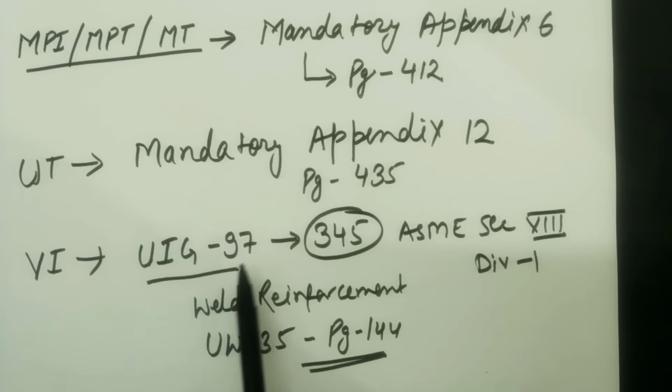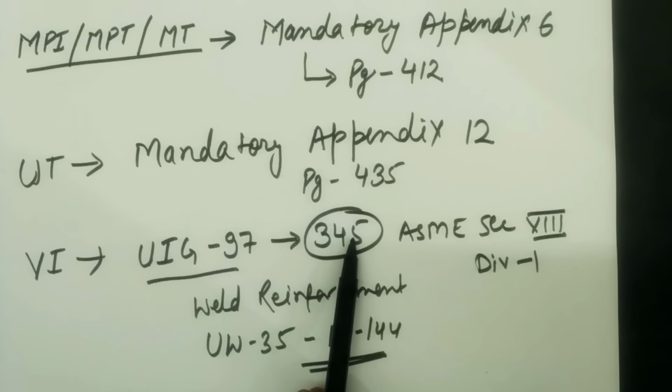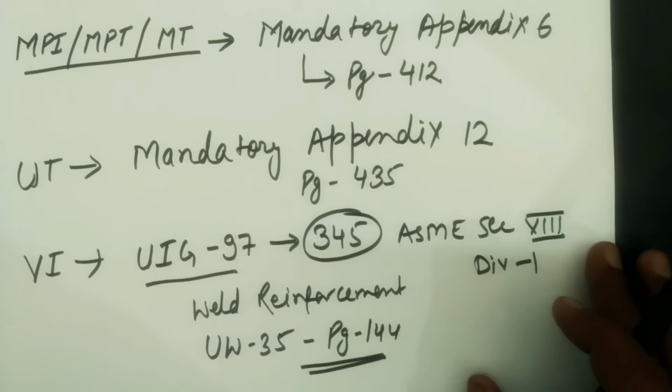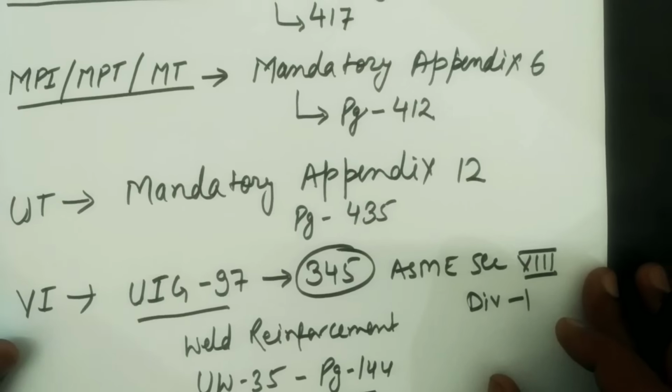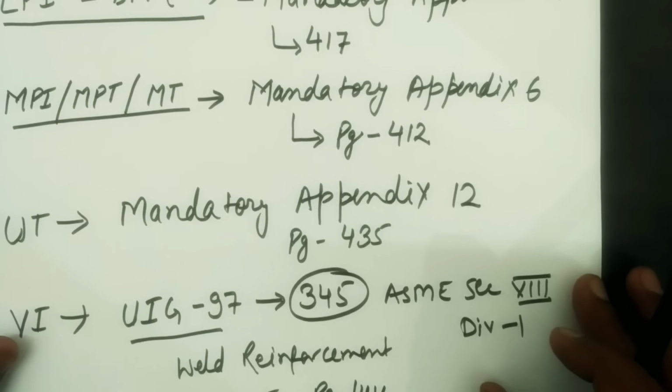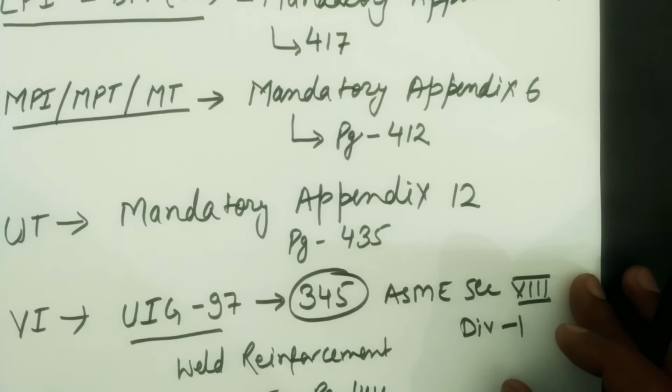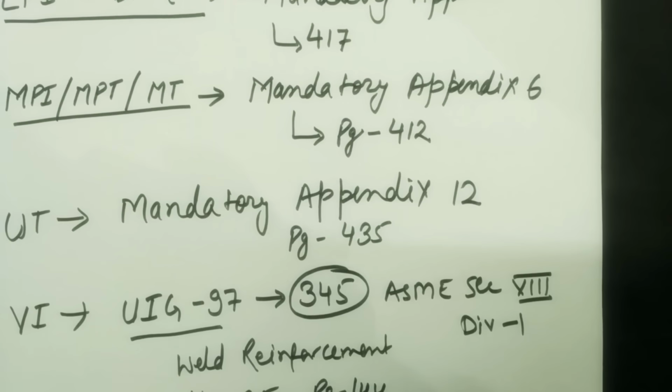So for visual inspection, UIG-97, page number 345, and for weld reinforcement, you need to refer to UW-35, page number 144. Friends, this was a brief introduction of acceptance criteria, and here I have explained what you need to refer to check the acceptance criteria for different NDT methods as per ASME section 8 division 1.